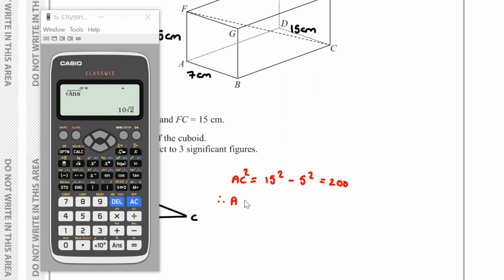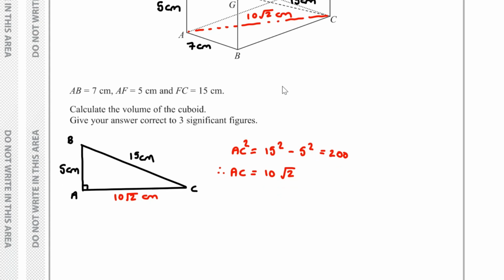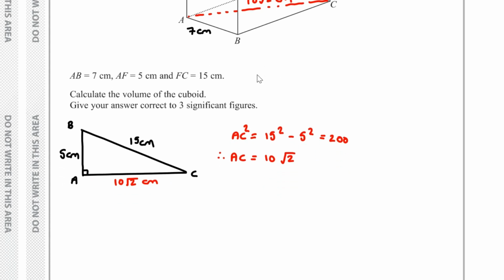So we have 10 root 2 centimeters for AC. Okay? So therefore, this length here, which we'll show in a dotted line, is 10 root 2 centimeters. And we need to calculate BC.